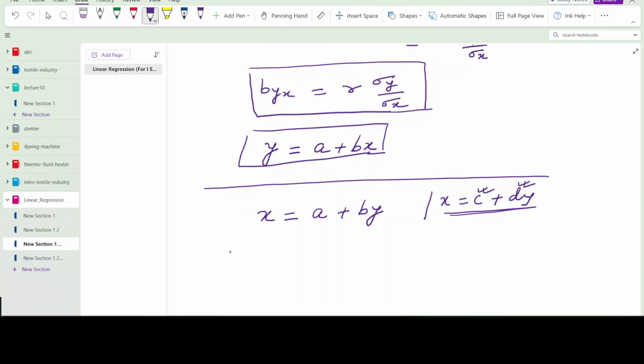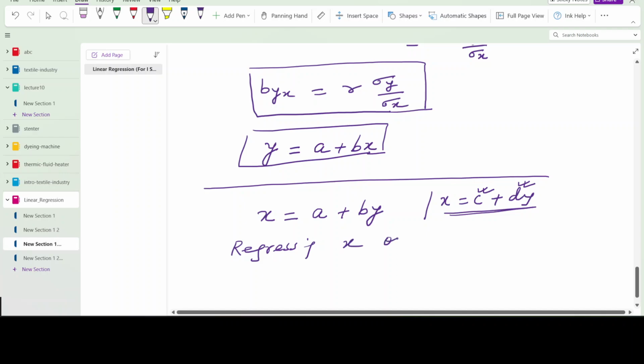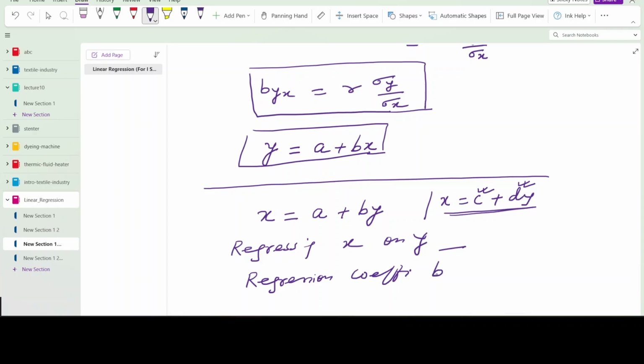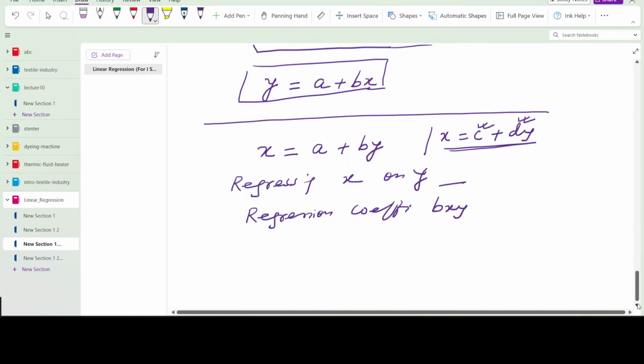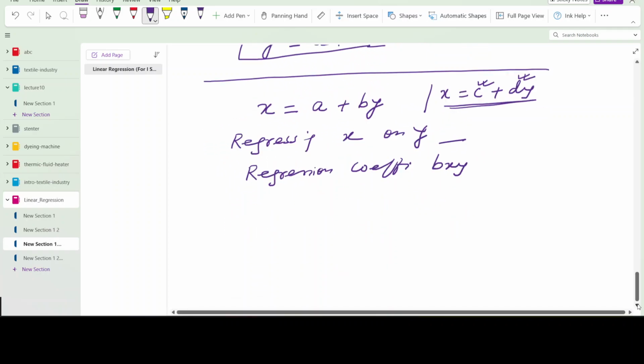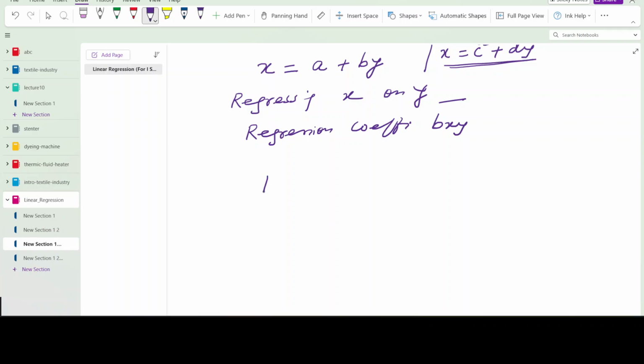When we are regressing x on y, then our regression coefficient will be denoted by bxy. And what will it be?